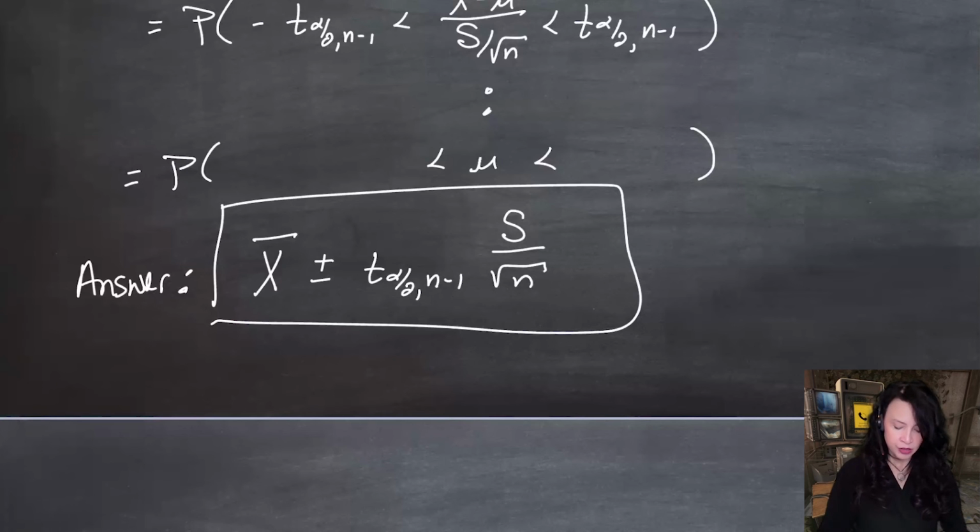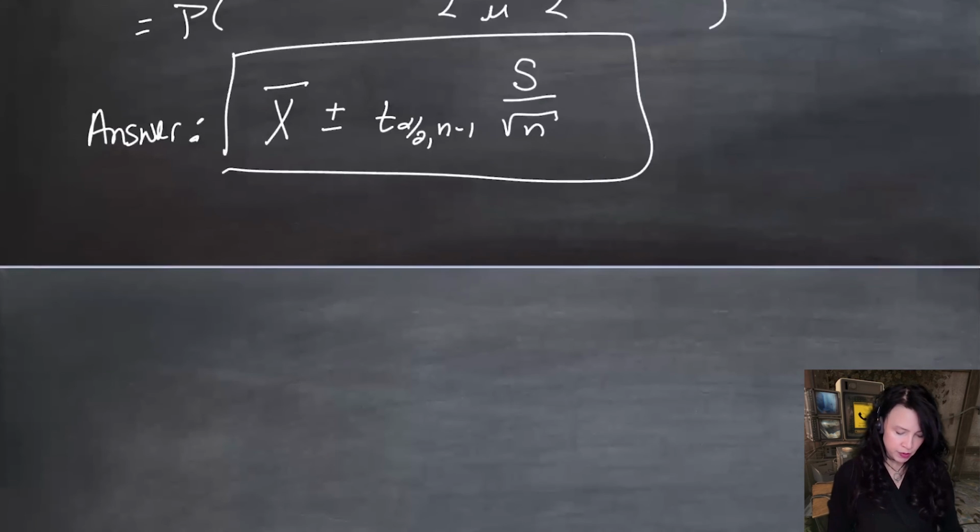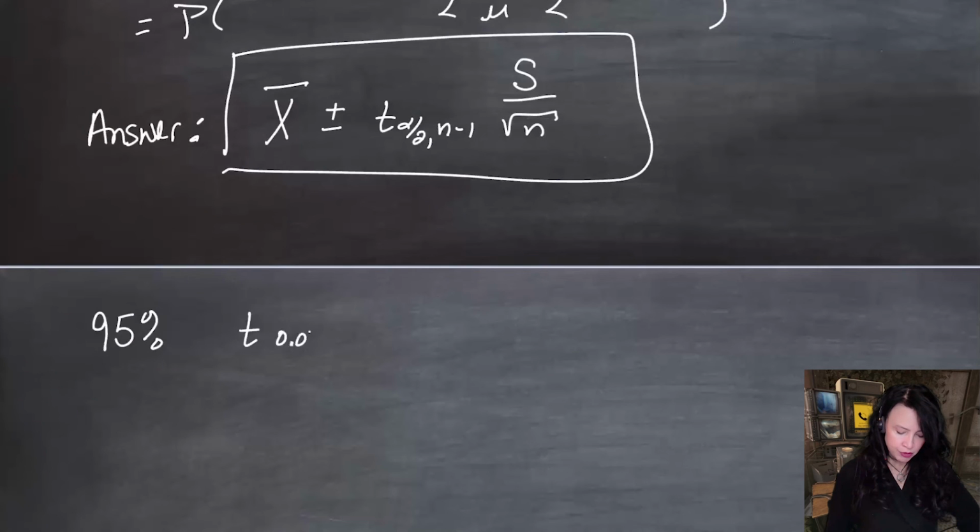Let's check out an actual critical value. So maybe we want a 95% confidence interval. Then we would want t sub 0.05 over 2 comma n minus 1. Let me do an example. So let's say n is 10. So I would want 10 minus 1.